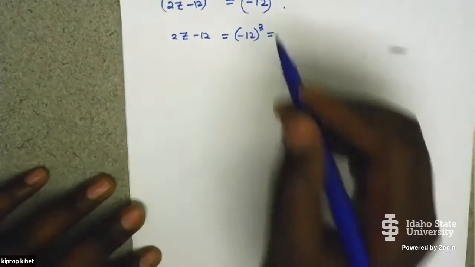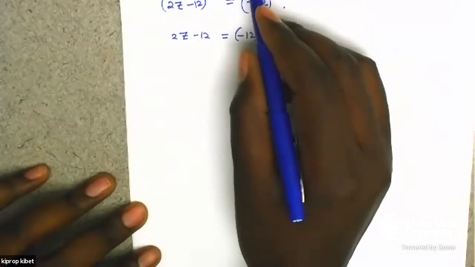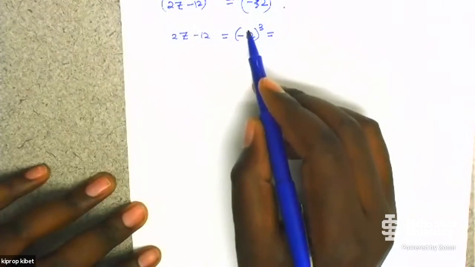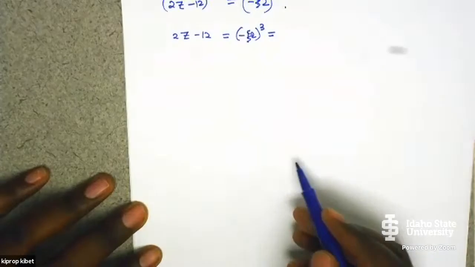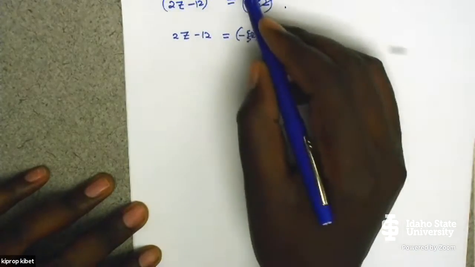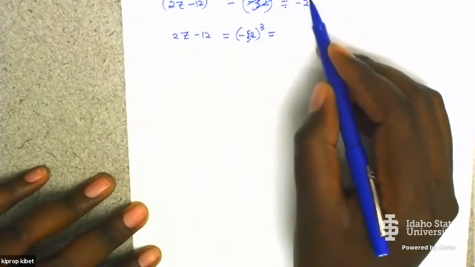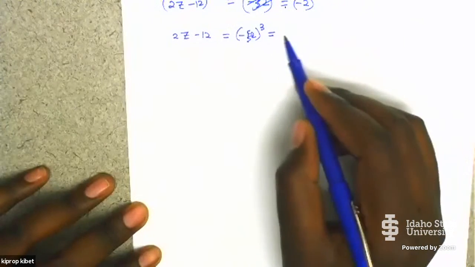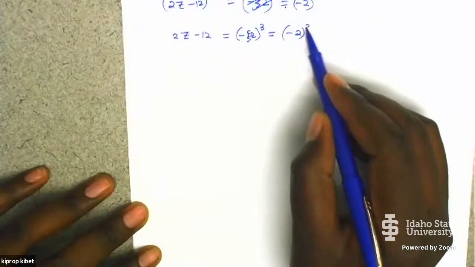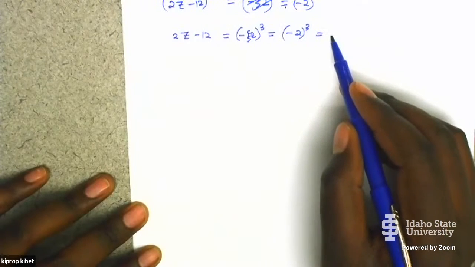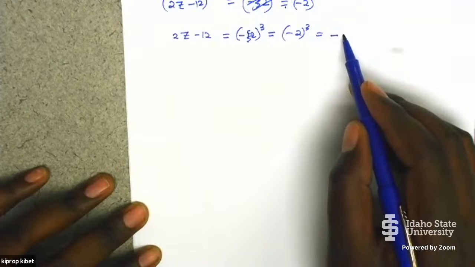Okay, let's reduce this. I actually reduced this one to -2. So let's put it equal to -2, and also here -2 raised to 3. This will give us what?